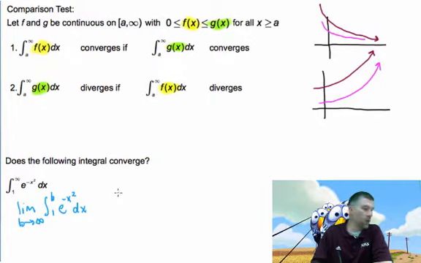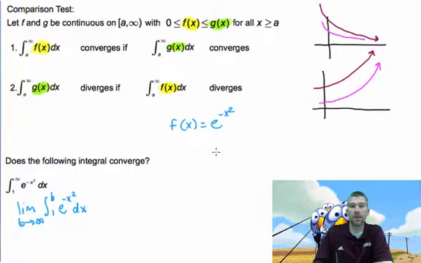So what we're going to do is let f of x equal e to the negative x squared. We want to pick a function that's bigger than that. The one we can pick for comparison is one that's really similar to that as well.